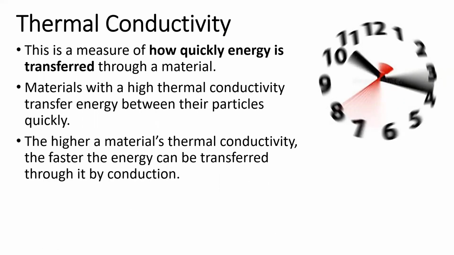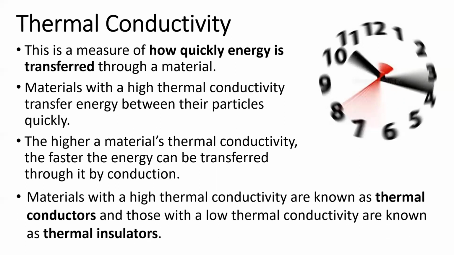So the higher the material's thermal conductivity, the faster that energy will be transferred through it by conduction. And materials with a high thermal conductivity are known as thermal conductors, and those with a low thermal conductivity are called thermal insulators.